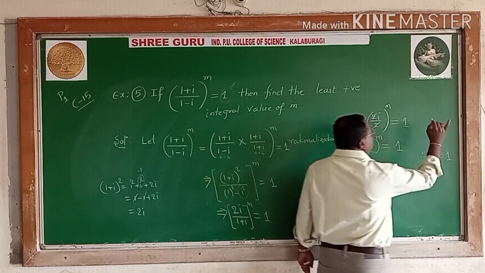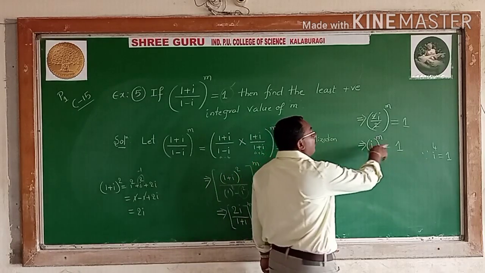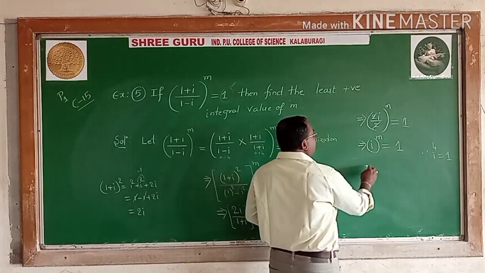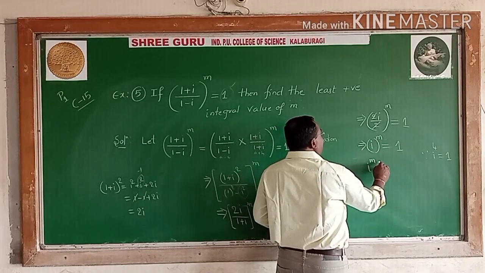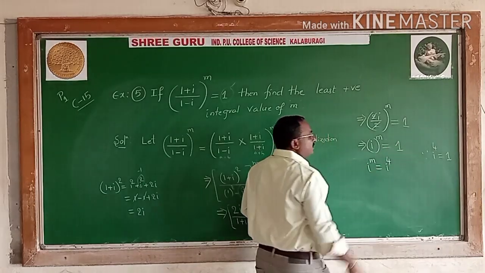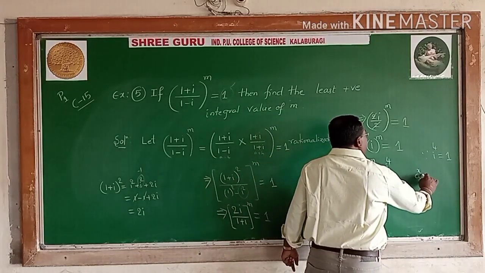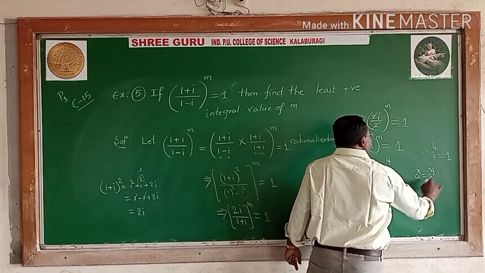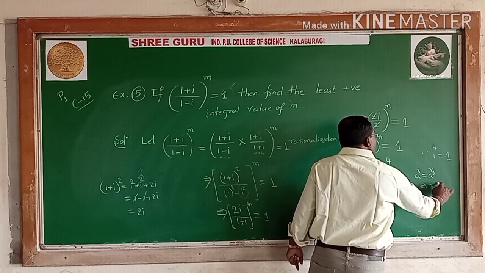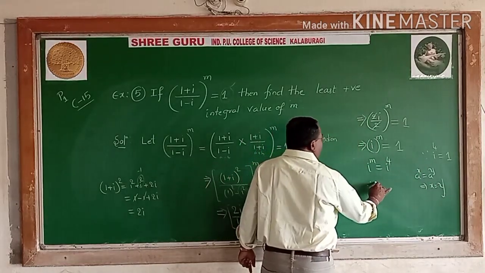One formula: a power x is equal to a power y implies x is equal to y. Powers are equal. Therefore, m value is what?